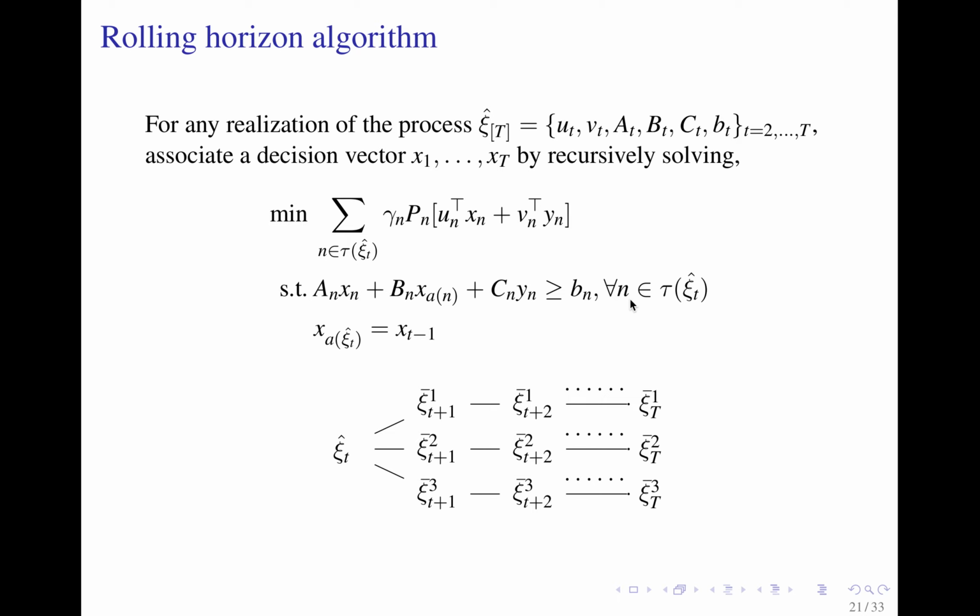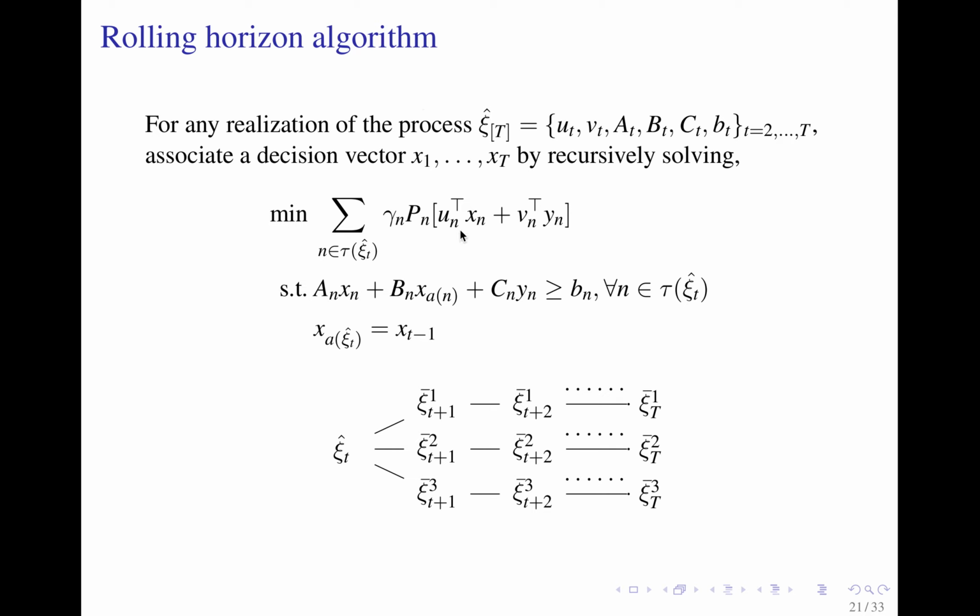Okay, so that leads us to the rolling horizon algorithm we developed. Now, instead of considering a static discretization, we let the discretization itself adapt to the true process. Specifically, for any realization of the true process, similar to what we did in the SCDP algorithm, we solve recursively a sequence of problems.